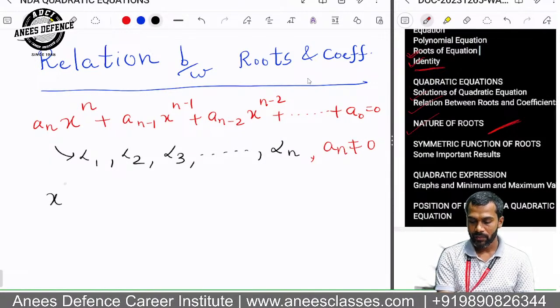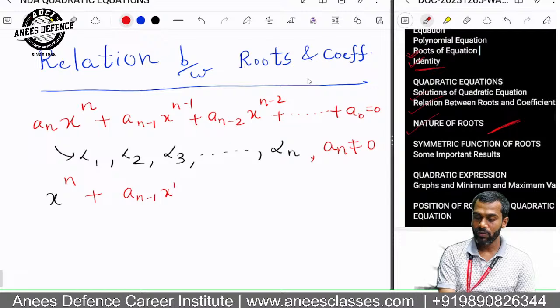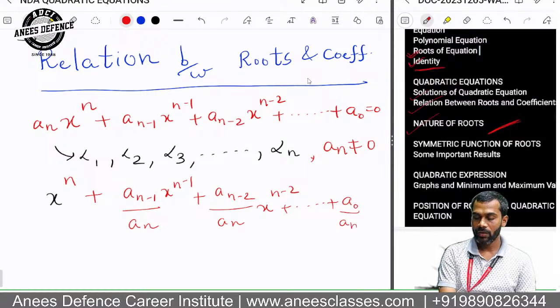What you'll get? x raised to n plus a n minus 1 divided by a n x raised to n minus 1, plus a n minus 2 divided by a n x raised to n minus 2, and so on, plus a naught divided by a n is equal to 0.